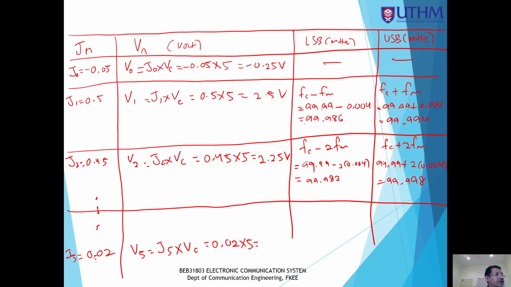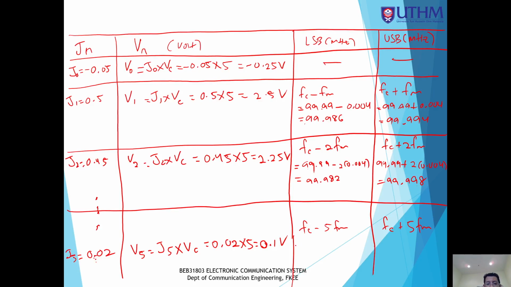So you will get 0.1 volt. And for the lower sideband, this is Fc minus 5Fm. For the upper sideband, this is Fc plus 5Fm.